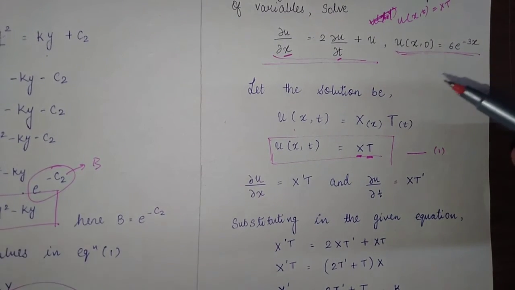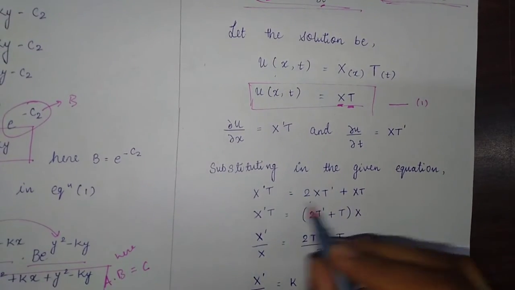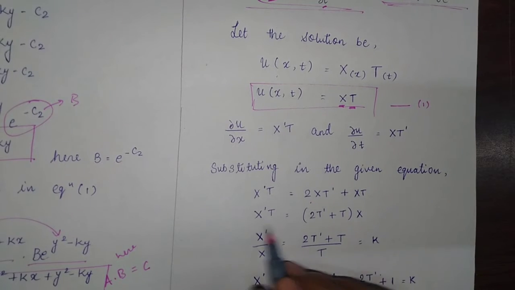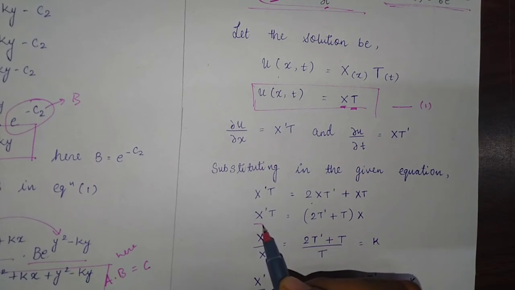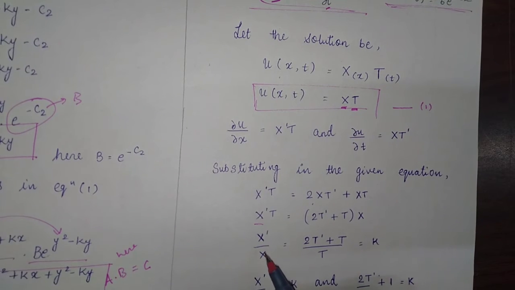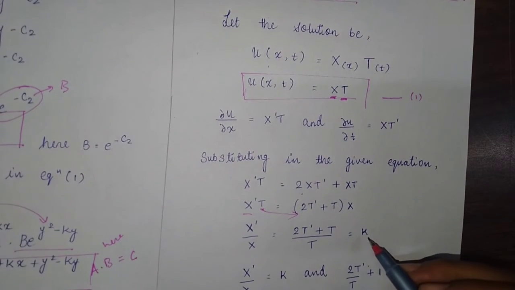So now if I take capital X common from this term, and send this x in the denominator, then it will be x dash by x, and this t if I send here, then it will be 2t dash plus t by t, and that is equal to some constant k.